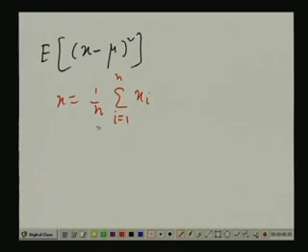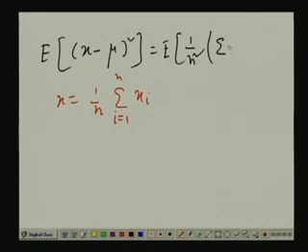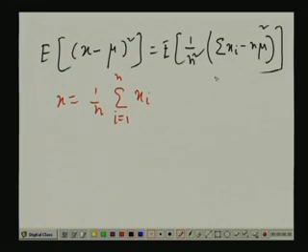And now you replace x bar by this. So, you can write it like this, E of, you can take 1 by n square, summation x I within bracket minus n times mu whole square. Very simple.